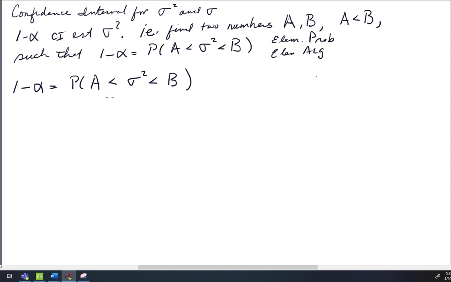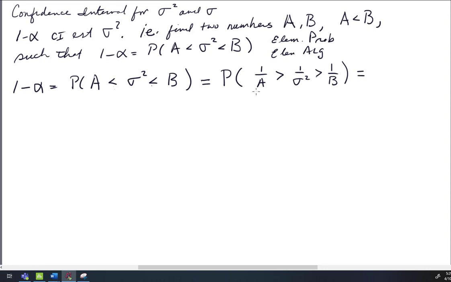For example, if we take reciprocals, then we would have to reverse the inequality signs, but the description would be of the same set. And all I'm saying there is, now I'm going to replace this inequality with something equivalent, and that would be 1 over A greater than, notice that was a less than, now it's got to be a greater than, 1 over sigma squared greater than 1 over B. All right, that's just elementary algebra.